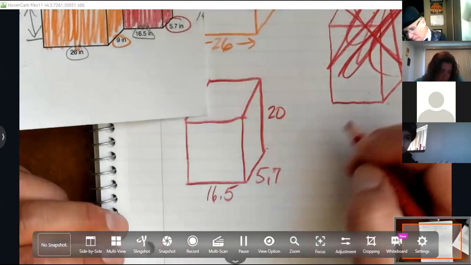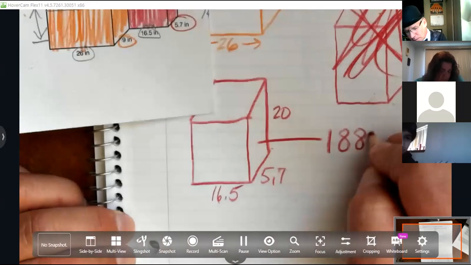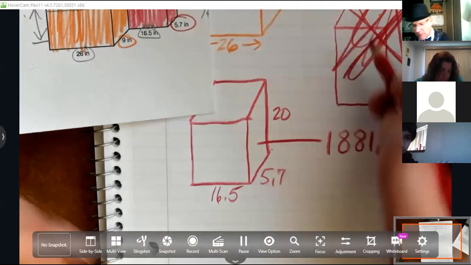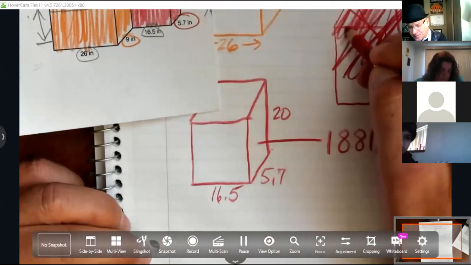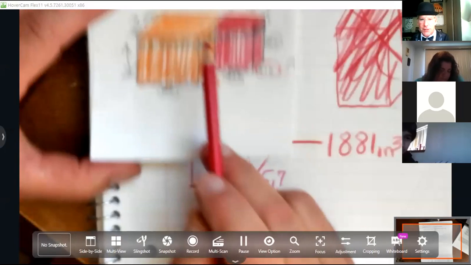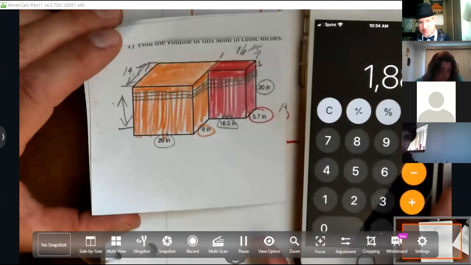1,881. So red guy is 1,881 inches to the third power, or cubed, because we know volume is always cubed. But we need to add red guy to orange guy, right? So we've got 1881.